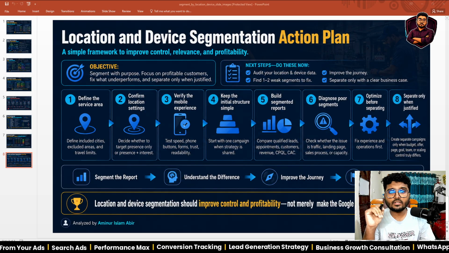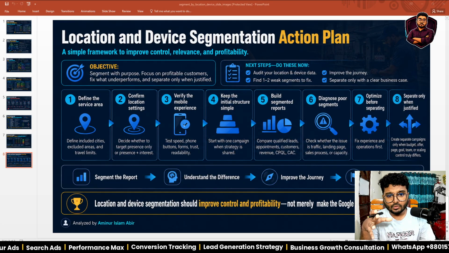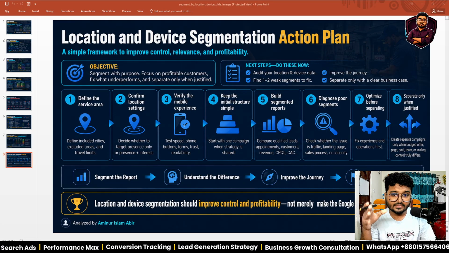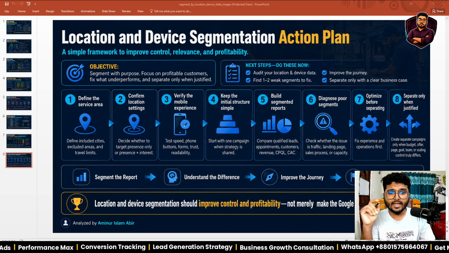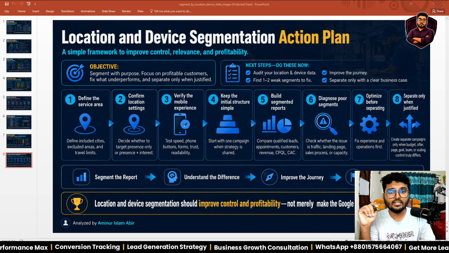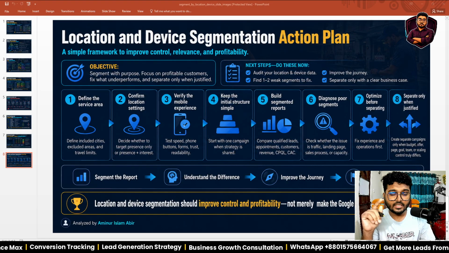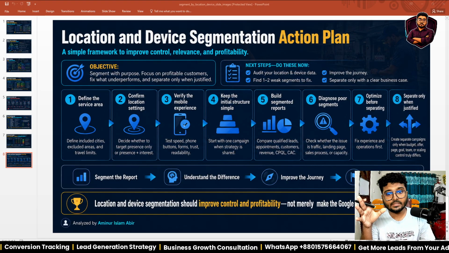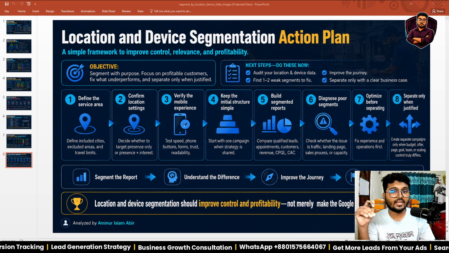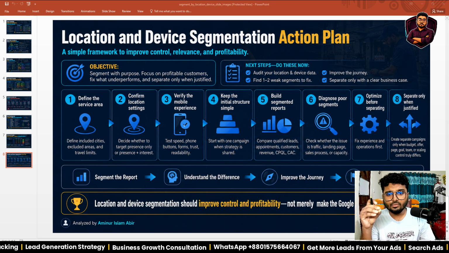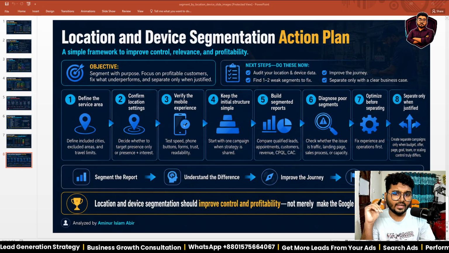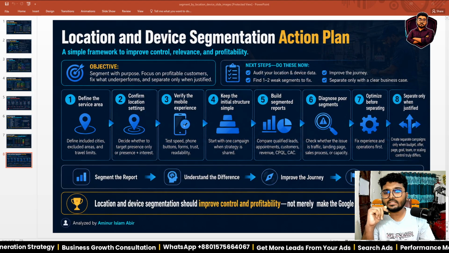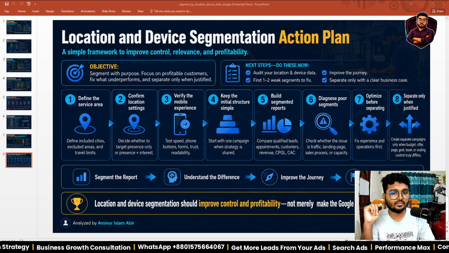The final framework is: segment the report, then understand the difference, then improve the journey, and finally separate only when it is needed. The purpose of segmentation is better control, better customer experience, and stronger profitability. Use additional campaigns only when they help the business make a better operational or financial decision.